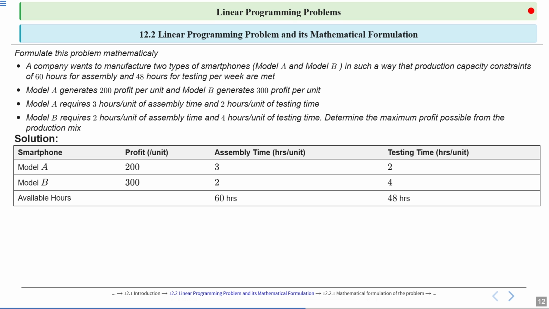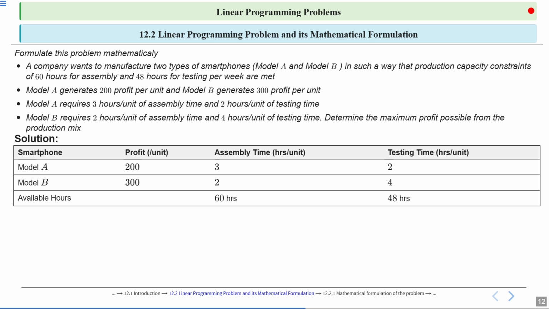In this table, in the first column we have the model of smartphone, model A and model B. In the second column we have profit per unit. In the third column we have assembly time hours per unit and testing time hours per unit. Here model A makes a profit of 200 per unit and takes assembly time 3 hours per unit and testing time 2 hours per unit.